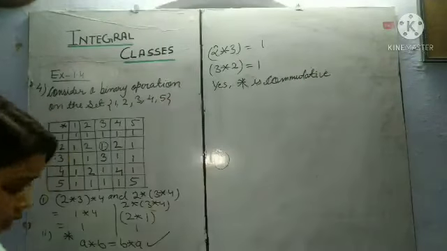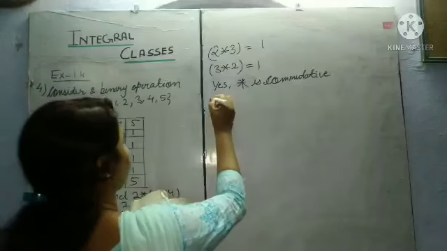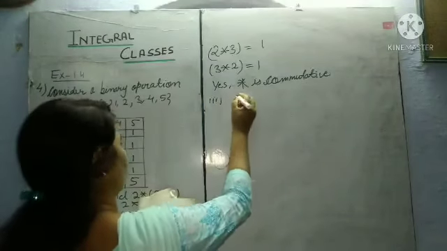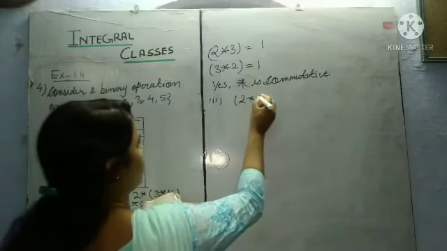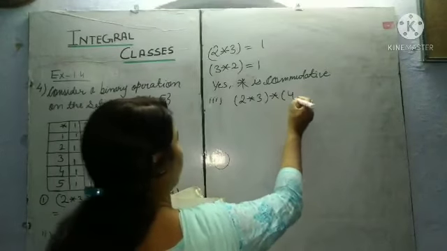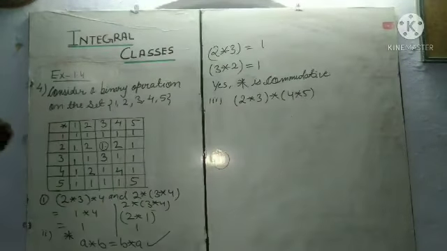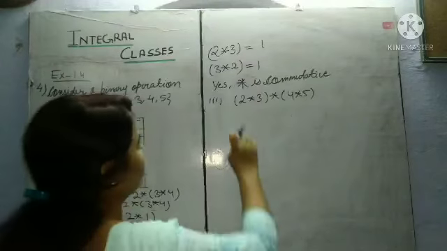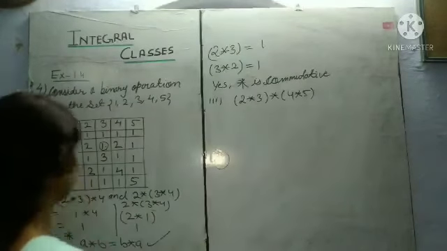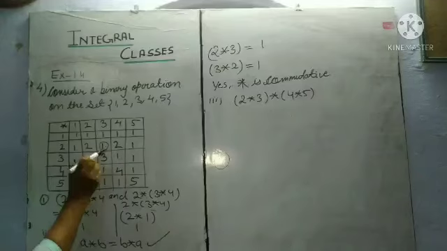Okay. Now next, question number 3. Compute the value of 2 star 3 star 4 star 5. So student, firstly we will find the value of 2 star 3. From the table, from 2 we go to the third column, and we get 1.